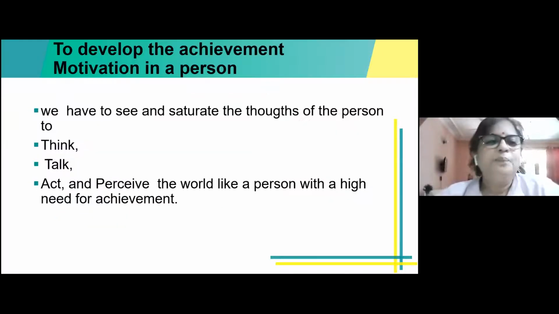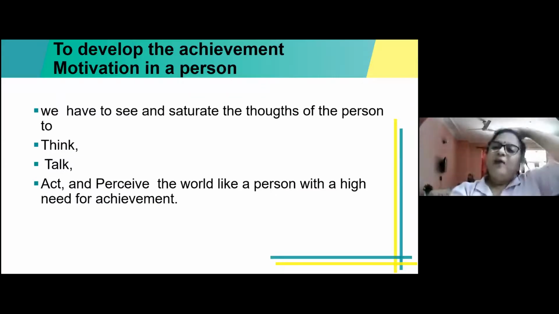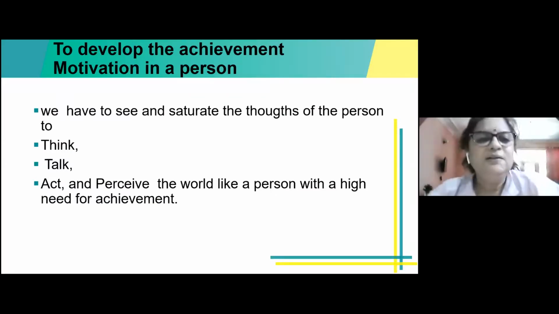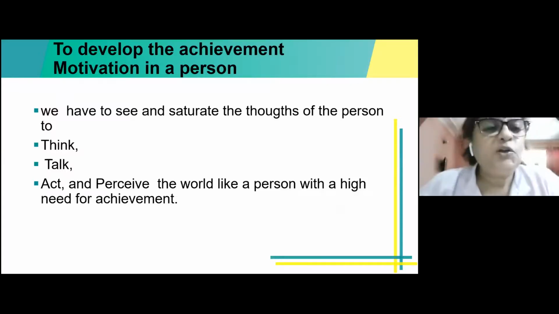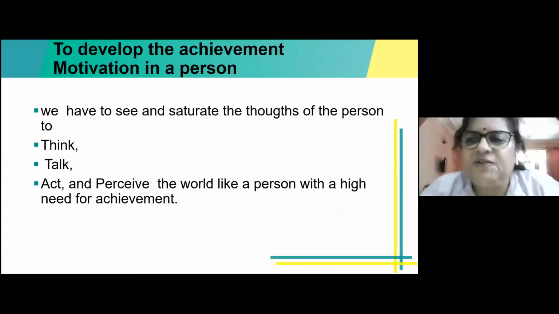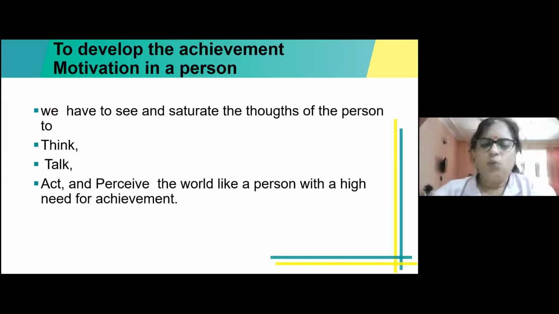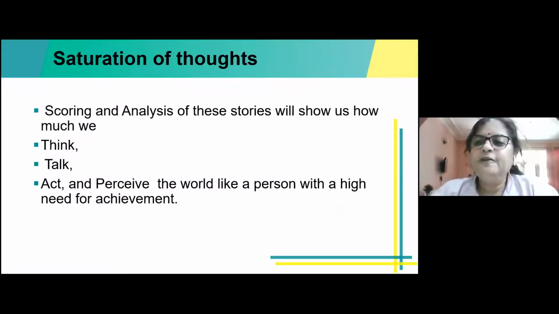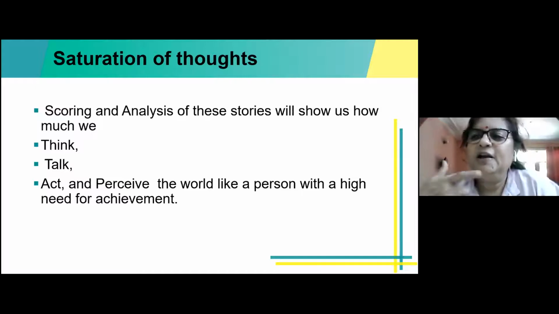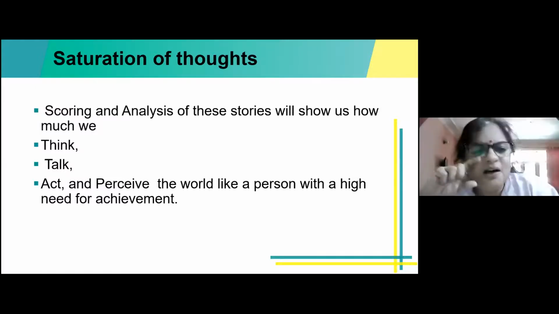Now, to develop an achievement motivated person, we first have to check the saturation of his thoughts, his ability to think, talk, act, and perceive the world as a person with a high need for achievement. And therefore, you have written these stories so that your real thought process is getting projected onto the characters in the story.